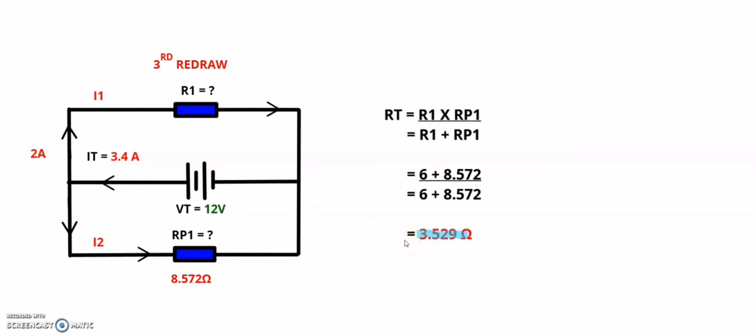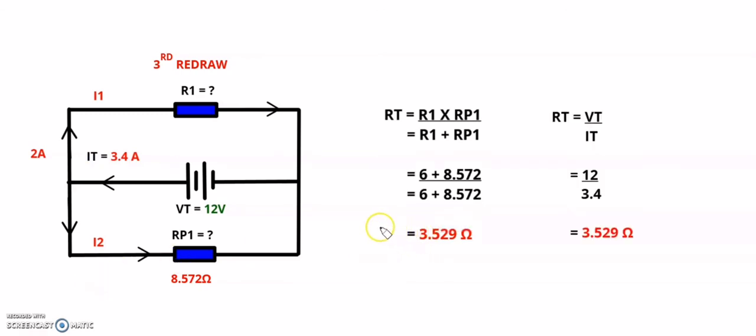Next, I will show you how to calculate the total resistance by using these two values, my total voltage and my total current. We'll also see if you have calculated the resistance correctly, because what you should get is the same value which we have here. So let's do that and see if we get the same value.